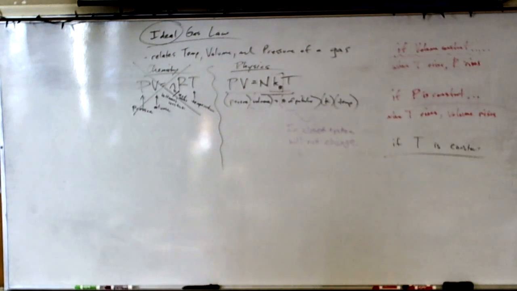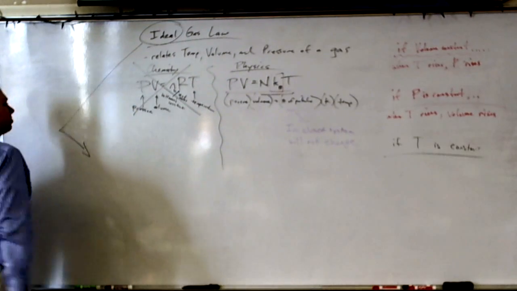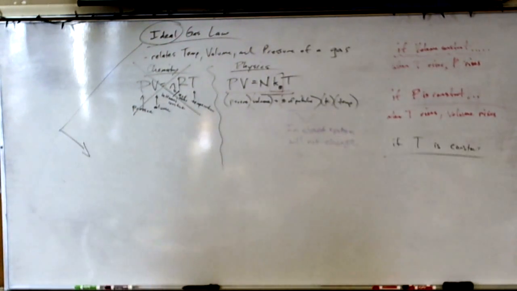Alright, now, the ideal actually refers to something else. We talked about this yesterday a little bit with the water tower and the pipes. We said if there was air in the pipes, it could be more easily compressed. Remember that part?